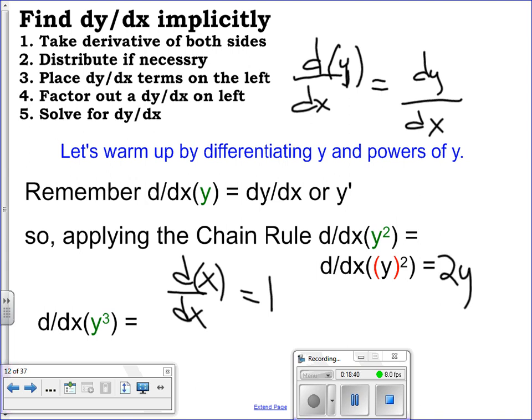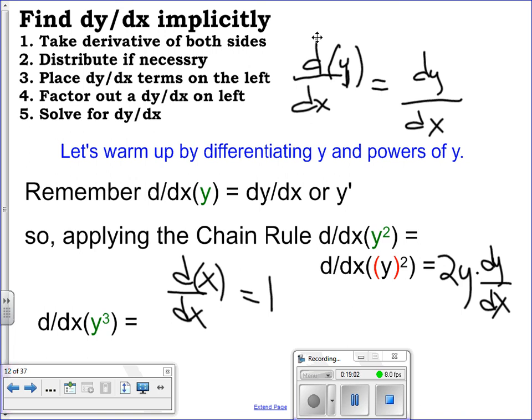That would be the outer function. But then times the derivative of the inside. What's the derivative of y? 1 dy dx, right? It's dy dx. So the derivative of y squared is 2y, because of the chain rule, times dy dx.